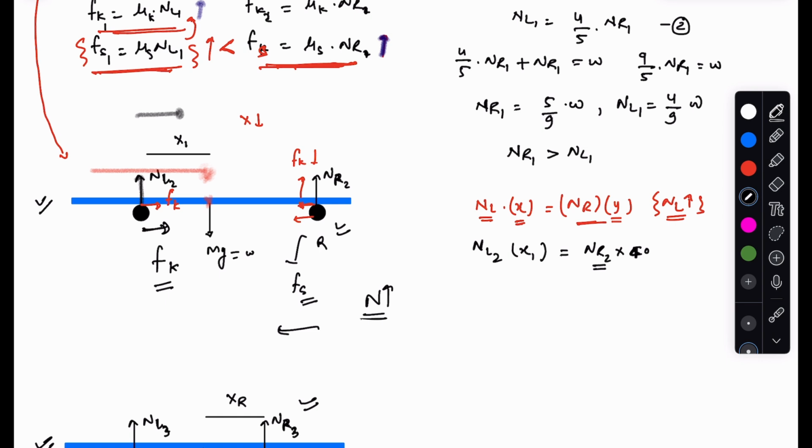Of course, NR2 will also change, NR2 is not going to be the same. And the second equation we have is NL2 plus NR2 is equal to W.